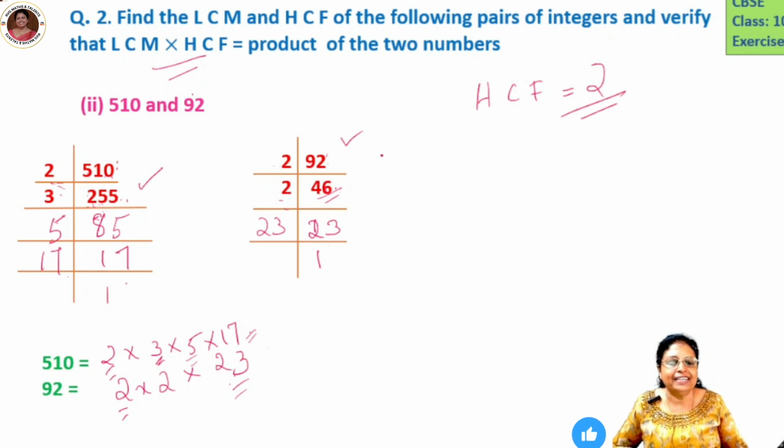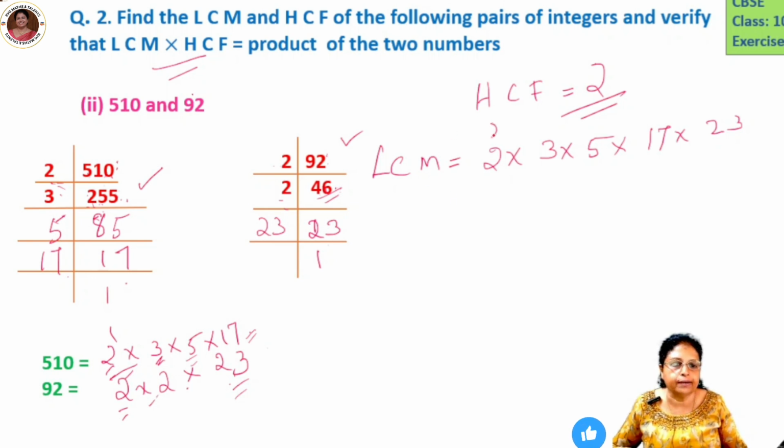Then next is LCM. How will you get LCM? You list all the prime factors: 2, 3, 5, 17, 23. Then take the highest powers. Here 2 raised to 1, here it is 2 square, so 2 square.